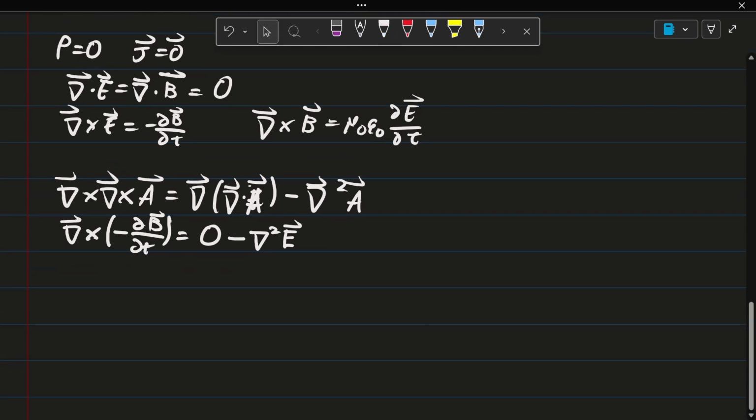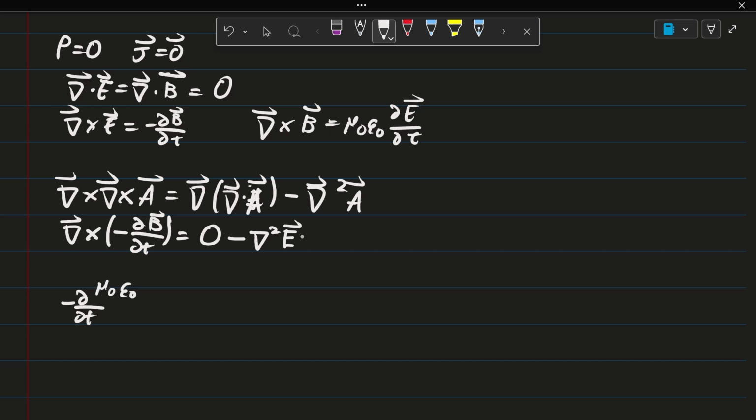And then from here, what we could see is that there is this negative partial over partial t of the B vector. And we'll just assume the position as well as the time are independent, so we won't really deal much with the relativity. So what we will get in here would be the negative partial over partial t. So inside there is the curl of the B vector, which turns out that we have already known this.